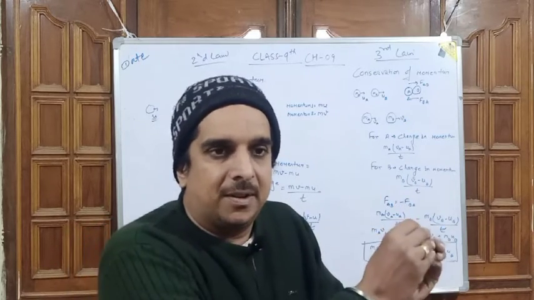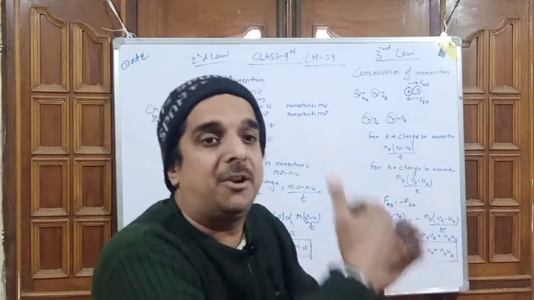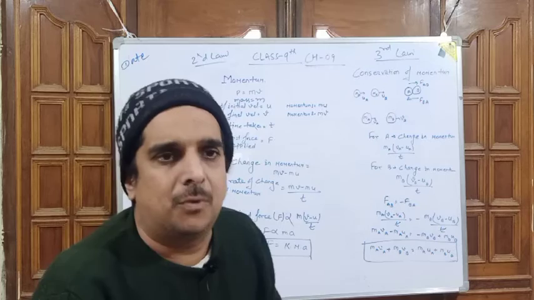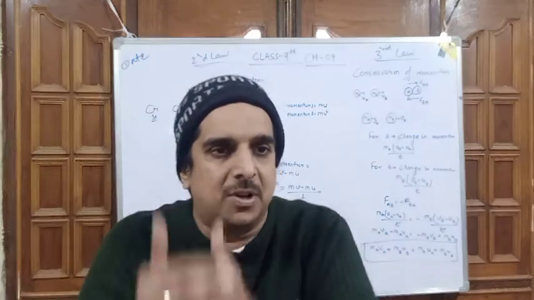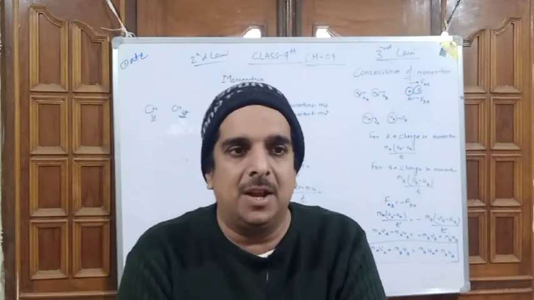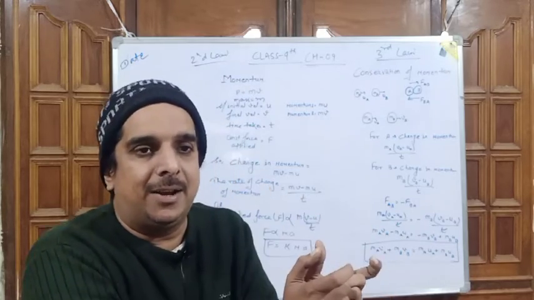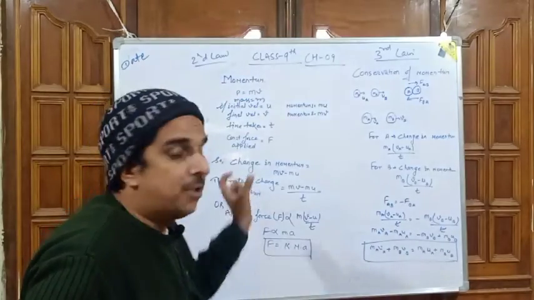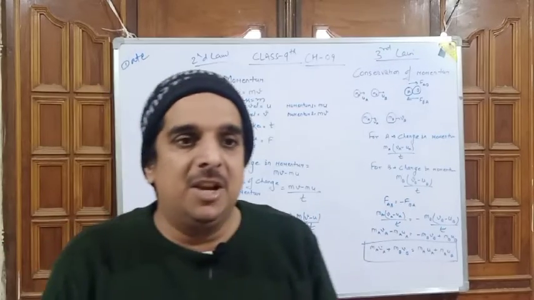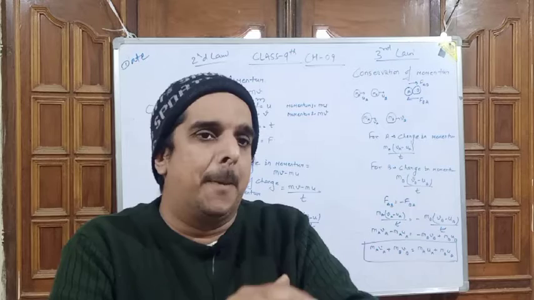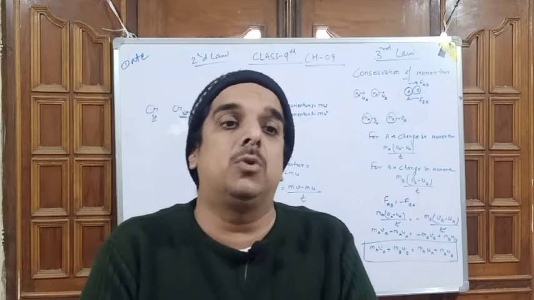If in physics the term "rate of change" is applicable, what does it mean? The meaning of the rate term is that we have to measure the change with respect to time.